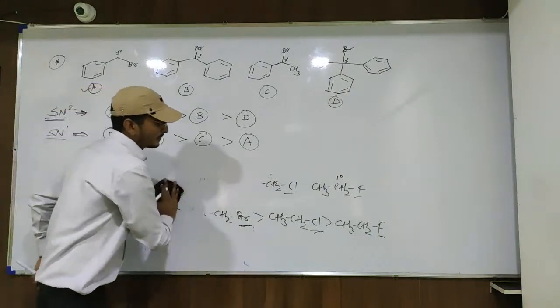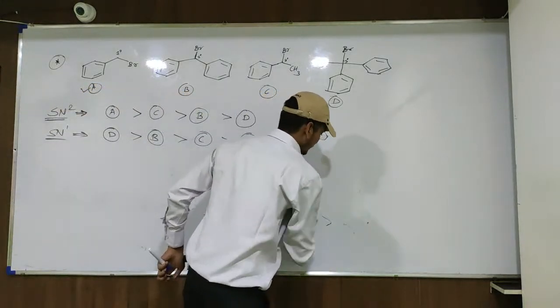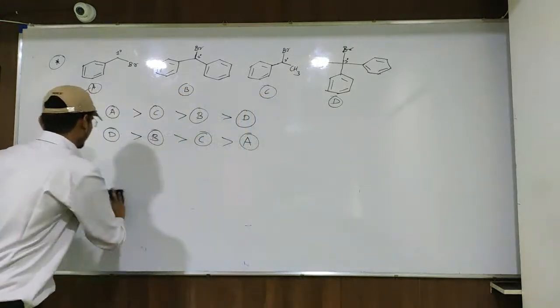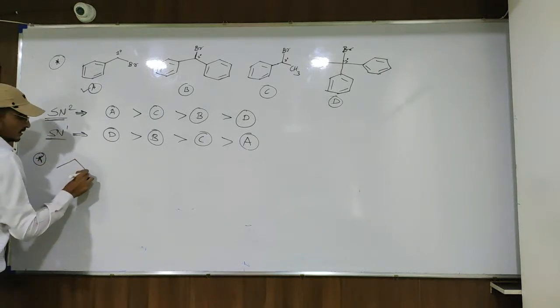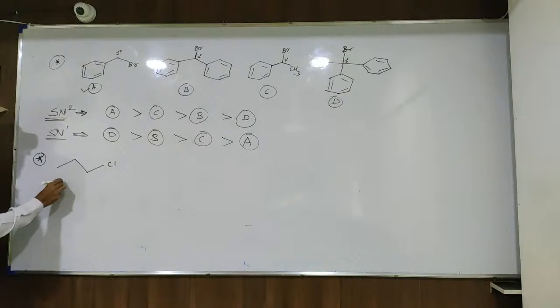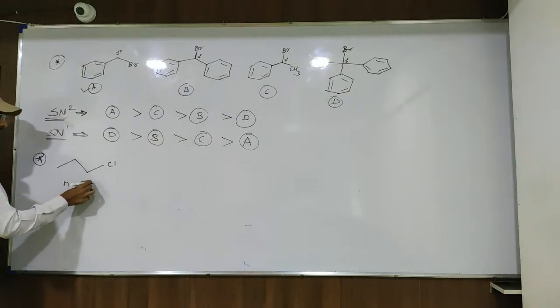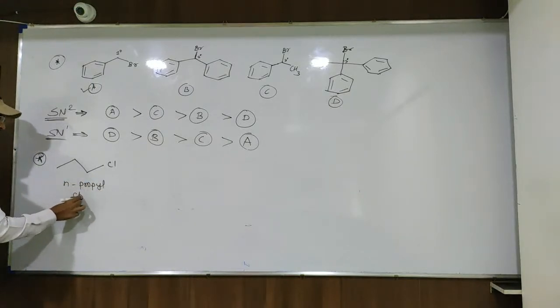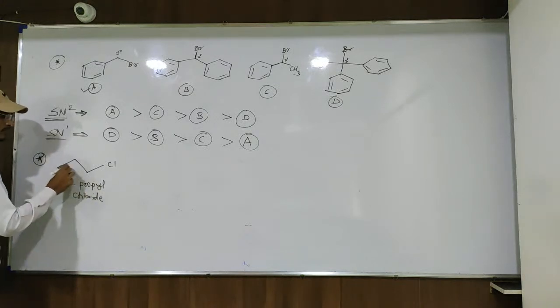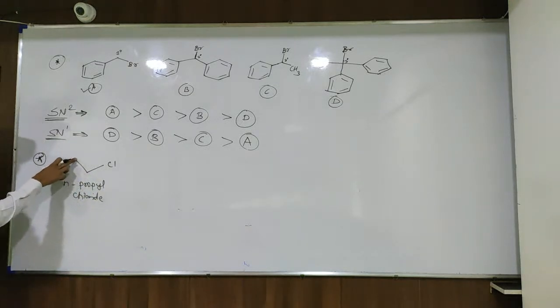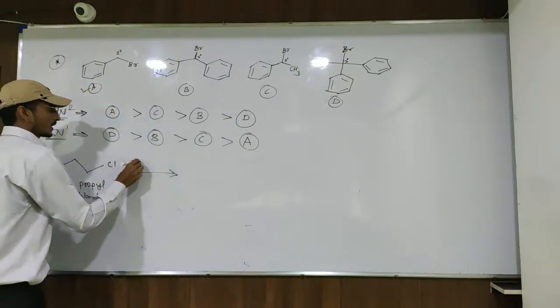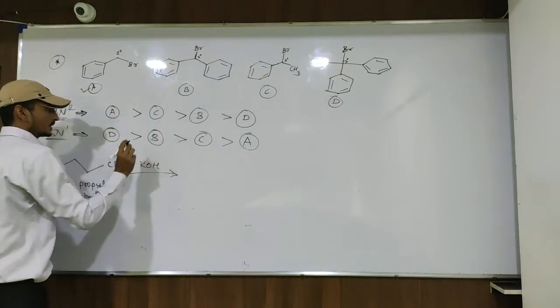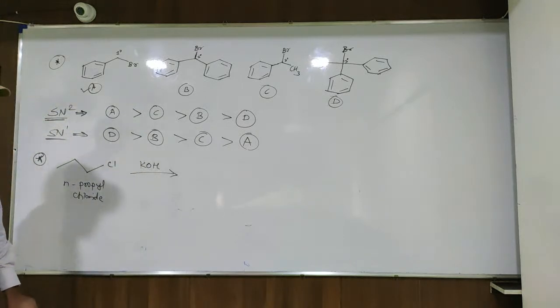Here I take primary alkyl halides. So next example, this type of molecule. You call it N-propyl chloride, no doubt. You know very well the bond line formula here, CH2CH2CH3, and I place here KOH or NaOH, but the condition is alcoholic.